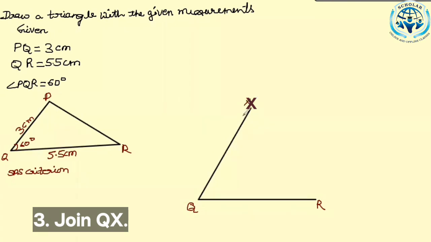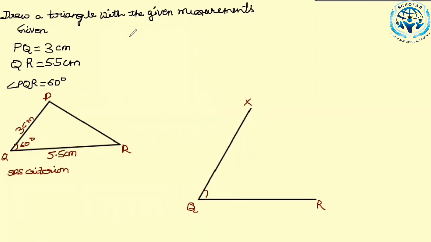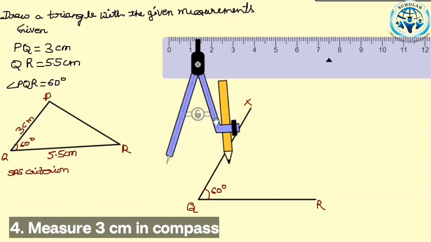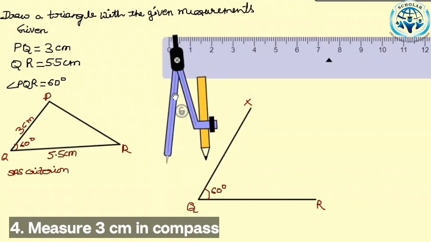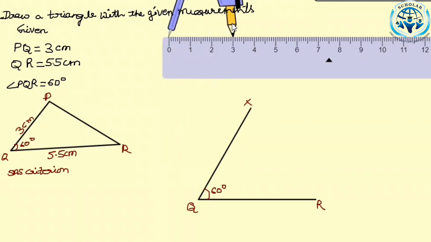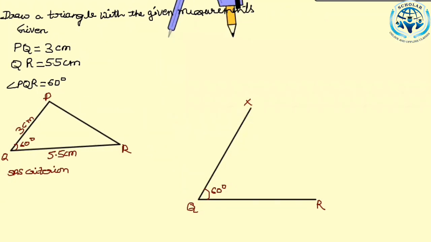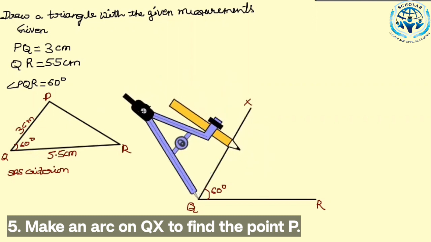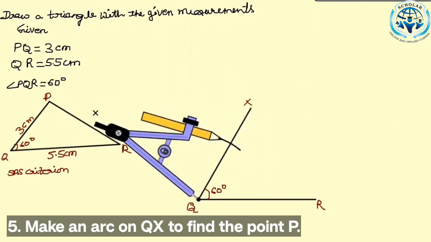P lies somewhere on this line. This is QX and this angle is equal to 60 degrees. So to find P on QX, we will measure 3 centimeter from the ruler in the compass. That means we will take a radius of 3 centimeter like this. And then we will put the compass on Q and make an arc of 3 centimeter on QX.